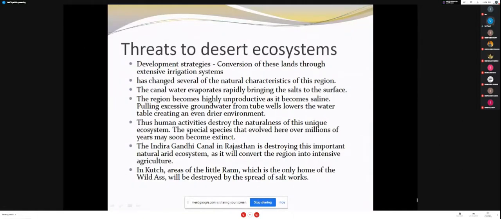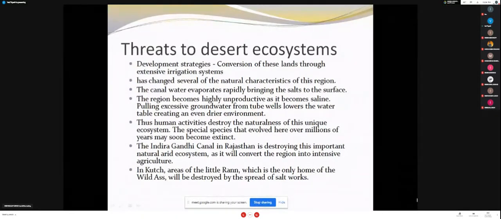Pulling excessive groundwater from tube wells also lowers the water table even further, and it creates an even drier environment where even less vegetation can grow. So that is the cascading effect of some of the developmental activities. The Indira Gandhi Canal in Rajasthan is also destroying this important natural arid ecosystem, and it is focused on converting this land into irrigated agricultural land.